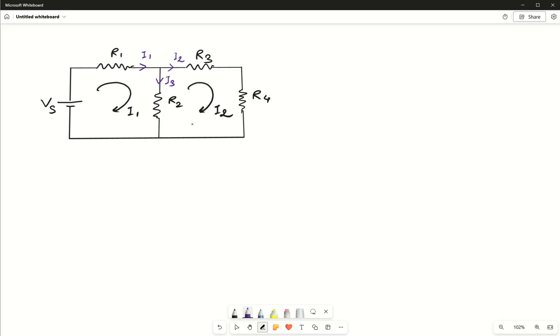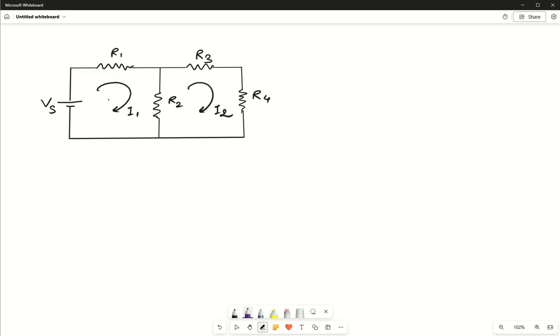So for the third variable we have to write another equation, a KCL equation, giving the current relation of I1, I2 and I3. In case of loop currents, we require only two equations for two unknowns, but with branch currents we require three equations for three unknowns. So to keep it simple, let us consider loop currents only.